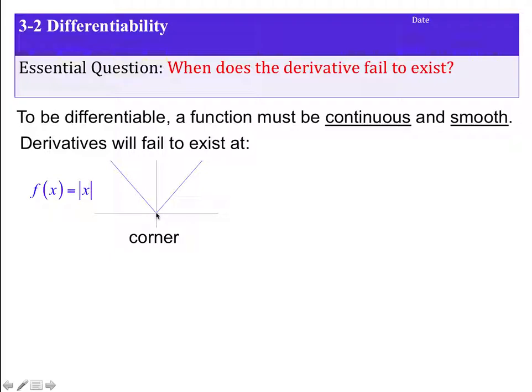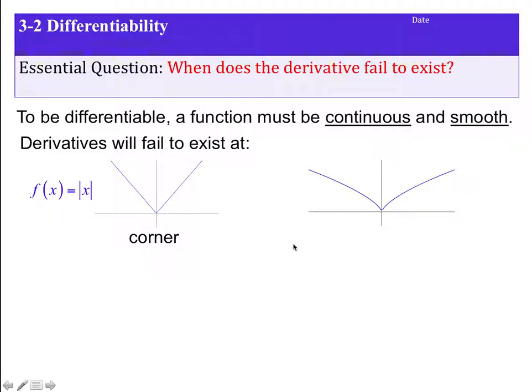So that point, in this case x equals 0, we have a point of non-differentiability. That's a long word, non-differentiability. Non means not. Differentiability means differentiable. So we cannot find a derivative at that location. And when we have two linear pieces coming together, we call that a corner.